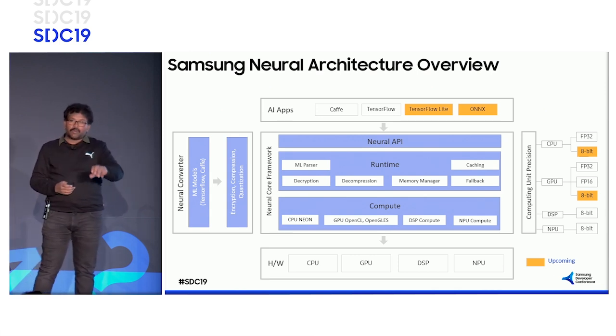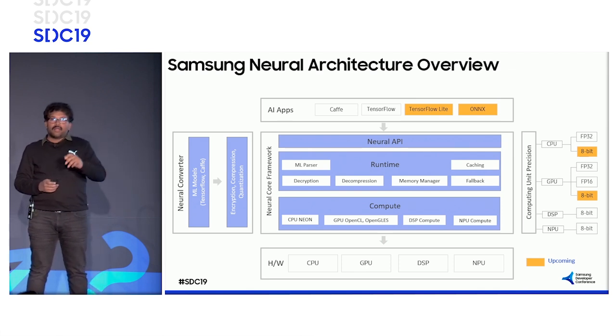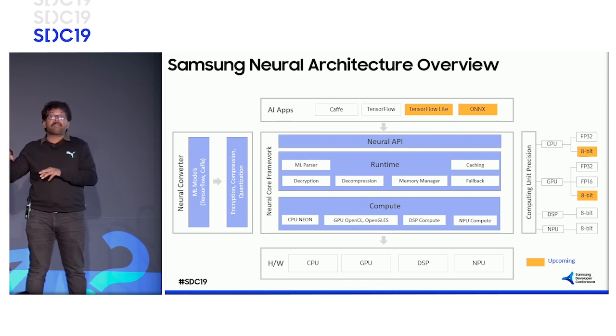However, Samsung Neural provides a guide, based on public models, of what the quantization error is for networks like Inception V3, ResNet, and so on. So based on those networks, we can take it forward.